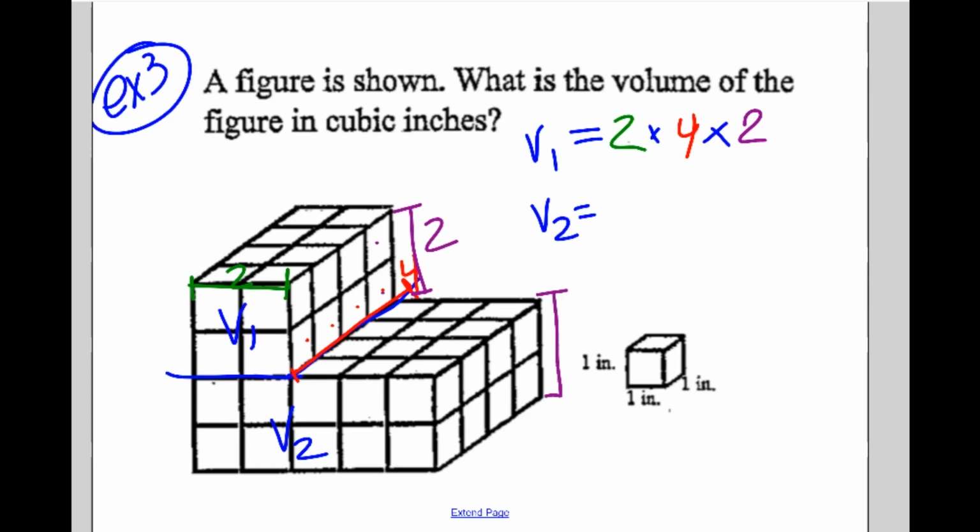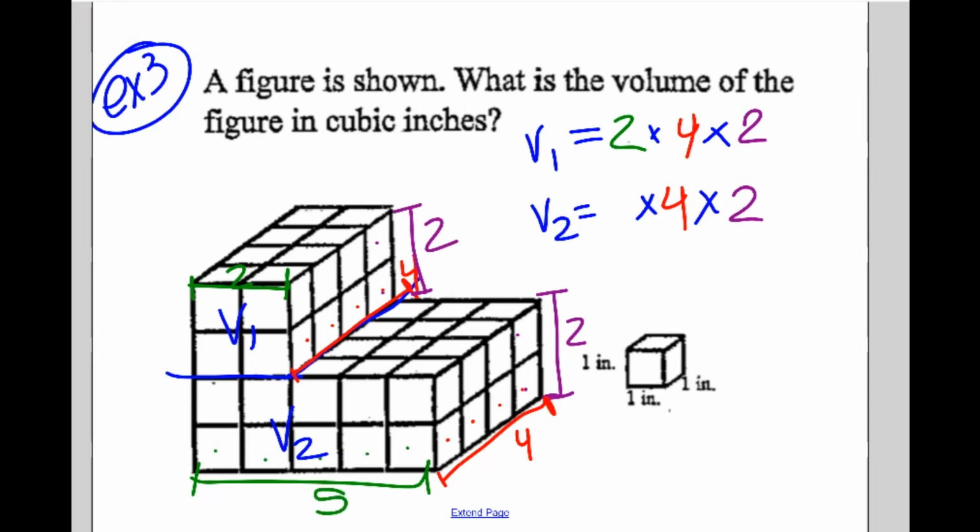From top to bottom, I see 1, 2. I'm working backwards right now. And then from front to back, my width, I see 1, 2, 3, 4. That is 4. And lastly, my length from left to right is 1, 2, 3, 4, 5. That's 5.